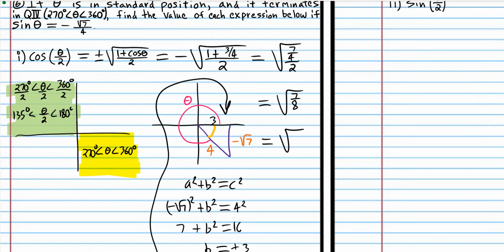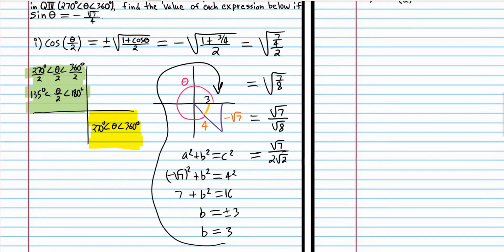And then we're going to square root both sides of that fraction using our square root rules. And we have a 2 root 2 is going to come out in the bottom. And then we're going to multiply both sides of the fraction by root 2, and we get root 14 over 2 times 2, which is 4.